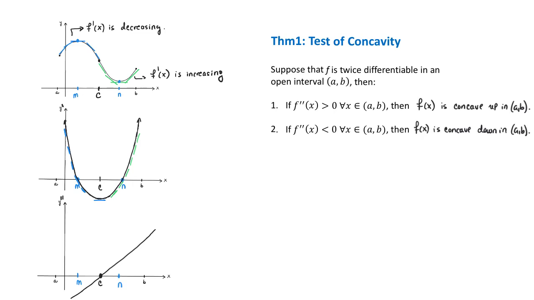And this again is the test that we're going to use to investigate the concavity of a graph. We are going to look at the second derivative within a given interval, and we're going to find out what is the sign of the second derivative. If the second derivative is positive in that interval, the graph is concave up. And if the second derivative is negative in that interval, the graph is concave down.